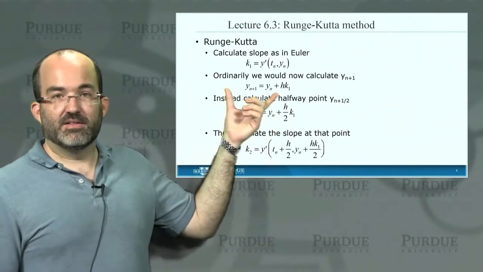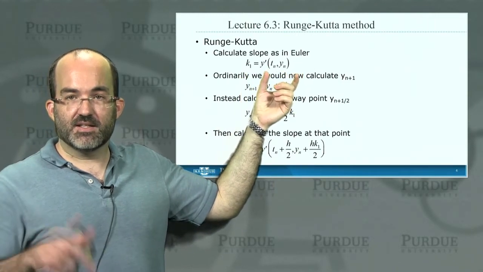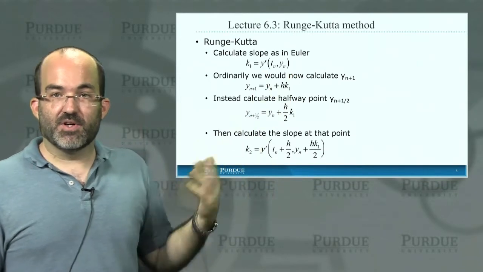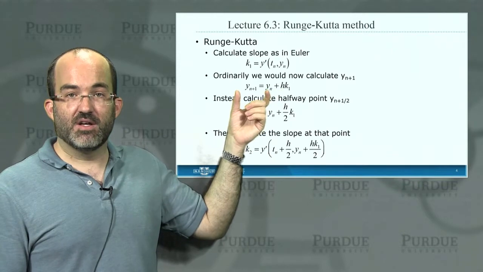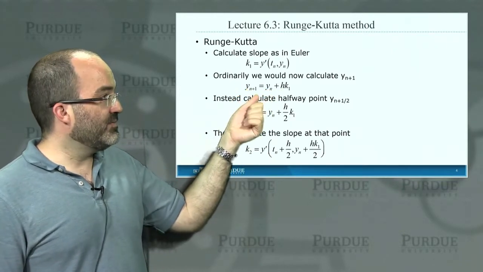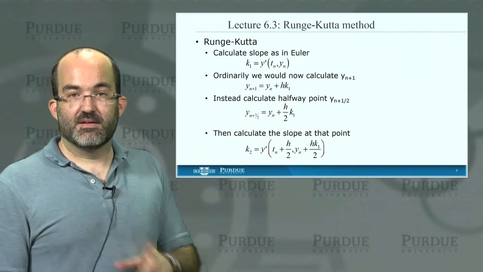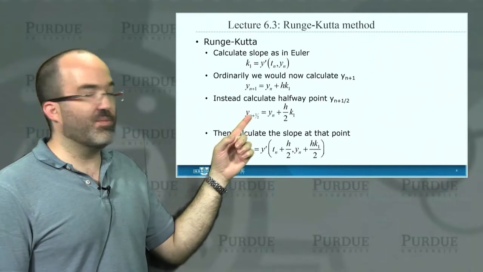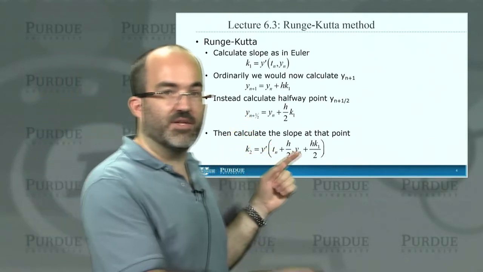So k1, in a first order method, the slope, is equal to y prime evaluated at the current point, t sub n and y sub n. Ordinarily, at this point, using Euler, we would now calculate the next point, y sub n plus 1, which is equal to y sub n plus h times k1. That's the Euler method. Instead, in the Runge-Kutta method, we calculate the slope halfway between the y sub n value and the y sub n plus 1 value.